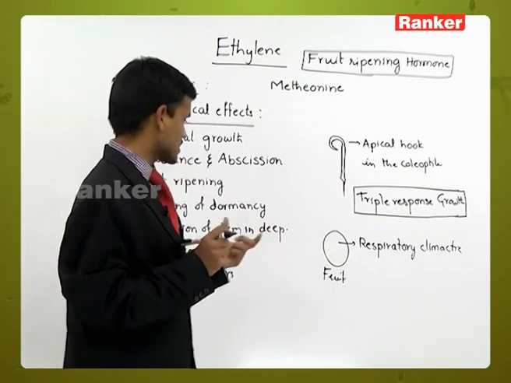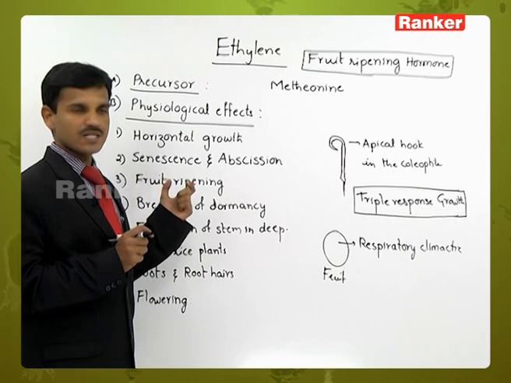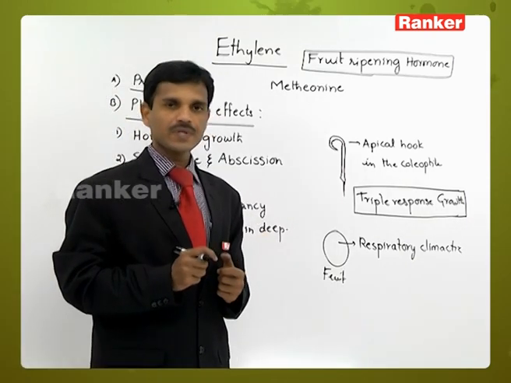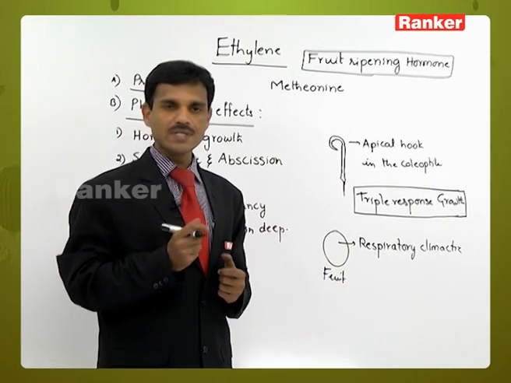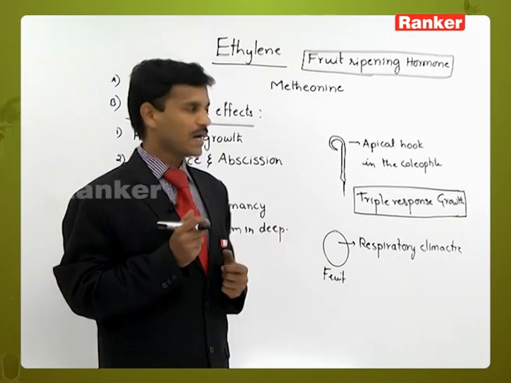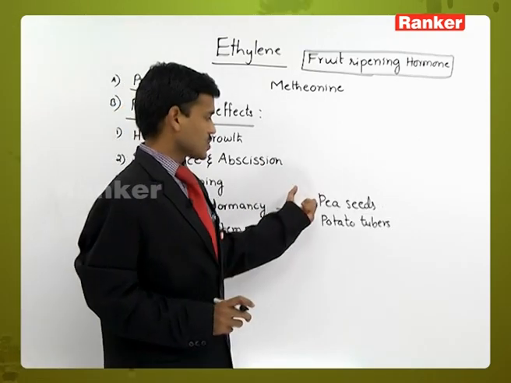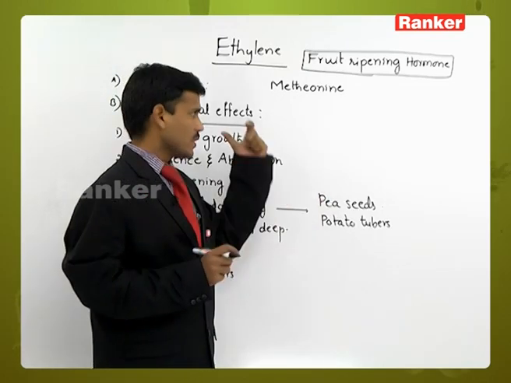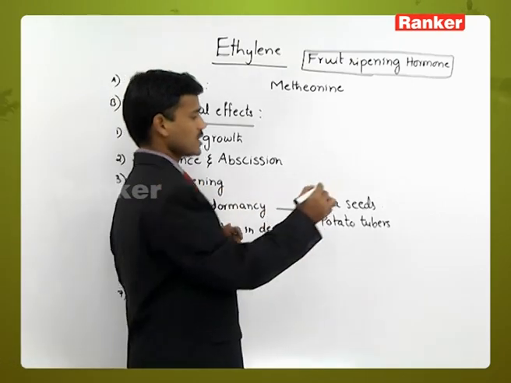That is called dormancy. Even under suitable conditions, some seeds cannot germinate. Pea seeds and potato tubers show dormancy, but ethylene breaks the dormancy in pea seeds, so these germinate very fast.